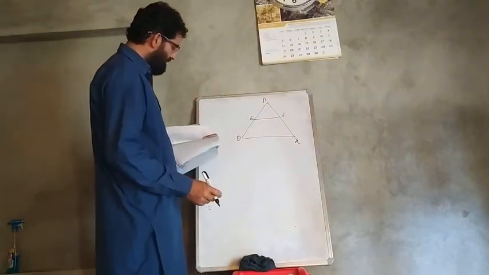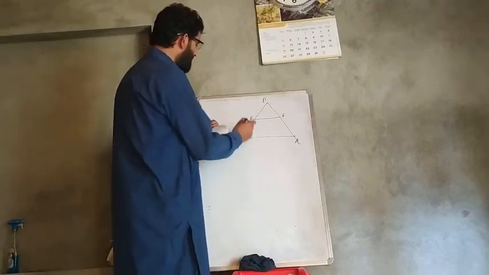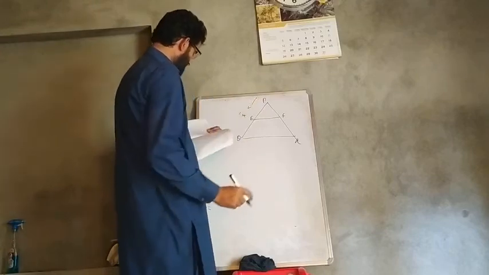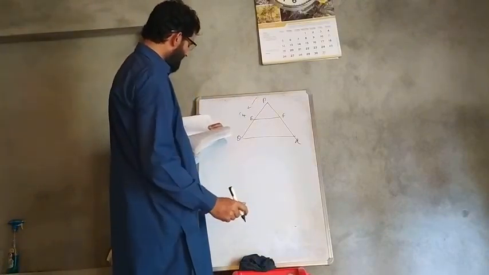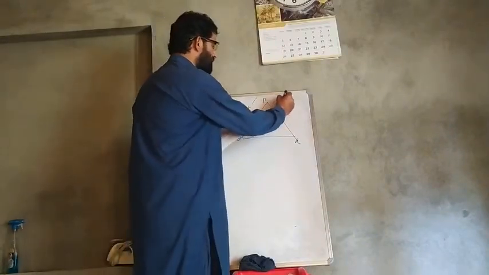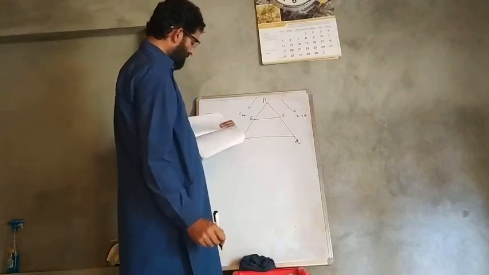Now this time whole PQ is 1.28, and whole PR is 2.56.